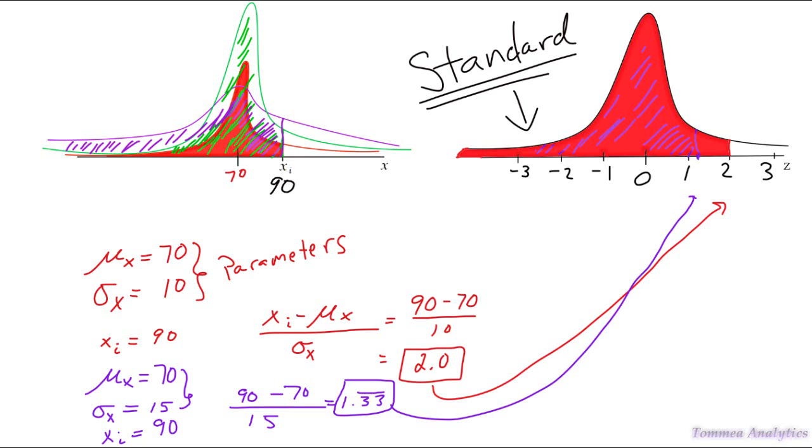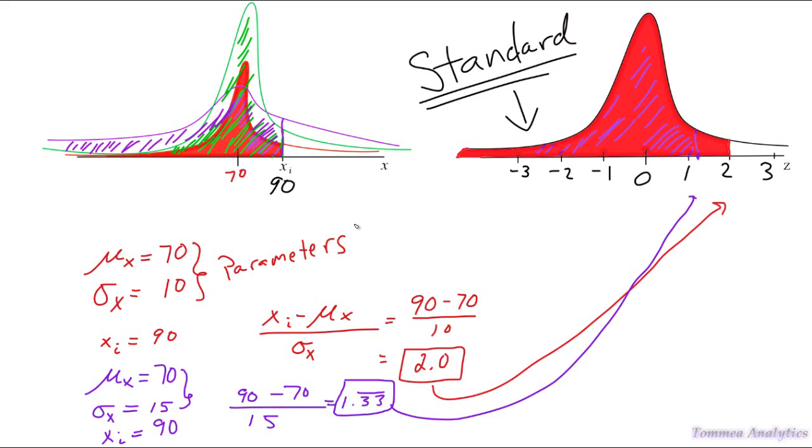So we've seen how the z-score gives us a convenient way to find areas under infinitely many curves, because if we look over here at these distributions, there's infinitely many shapes that we can have.